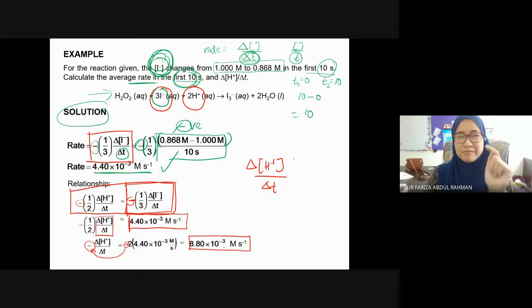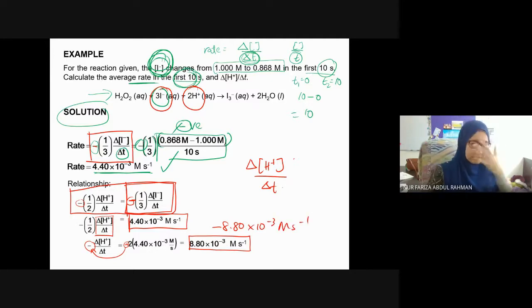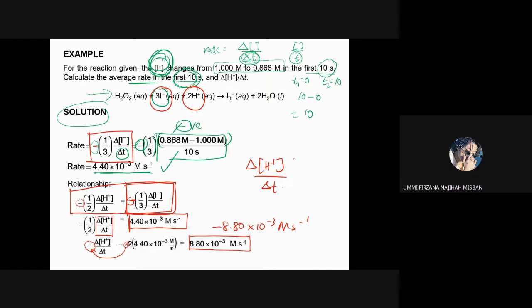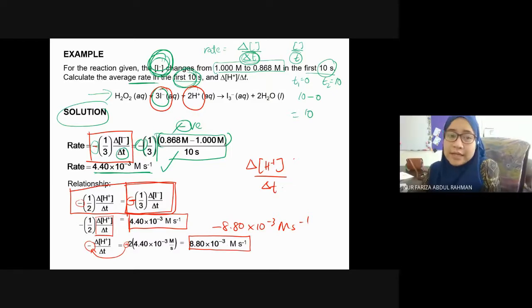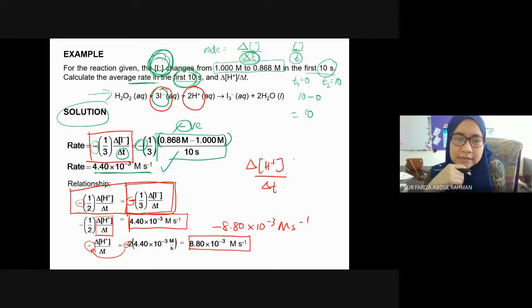Okay, dekat dalam you punya lecture rasanya dia tulis negative 8.8 kat situ kan? Betul tak? Betul ke tak betul? Betul, madam. Okay, alright. Sebab last time we do have that statement in the earlier slide. Dia kata dekat situ the numerical values for rate will always be positive.